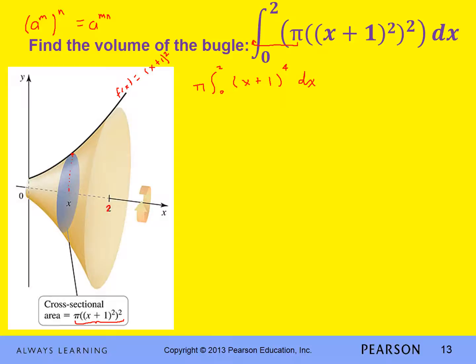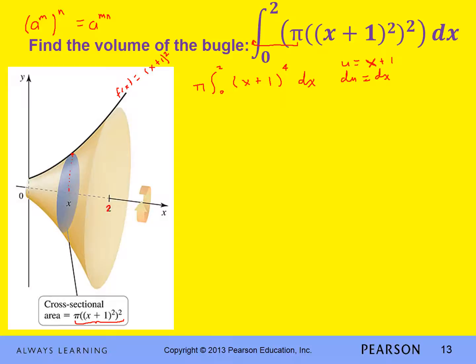And, well, we could do a u substitution. That would make things easy. If u is x plus 1, then du is dx, because that's just 1x to the first, so du is dx.